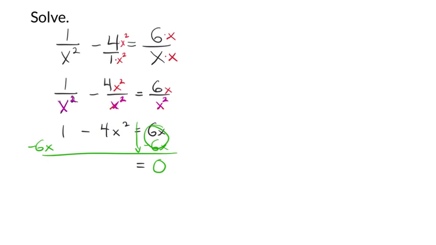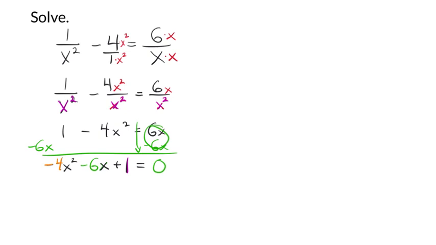Just rearranging this with the commutative property of multiplication, as long as we see this as plus a -4x squared, and this would be plus a -6x, we end up with -4x squared minus 6x, and then that 1 is positive. Now we'll highlight the -4 and the positive 1 right there, so we can see that we have the two coefficients, -4 for x squared and -6 for x, and then the constant positive 1.